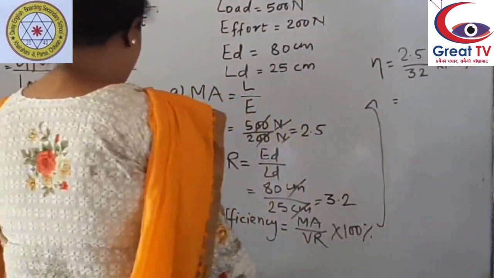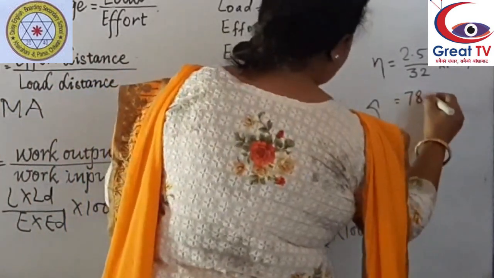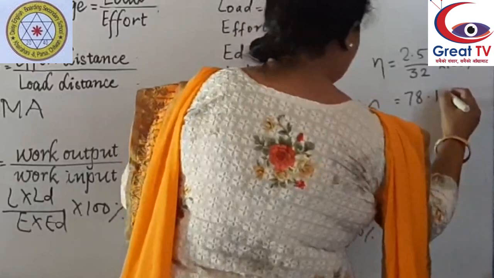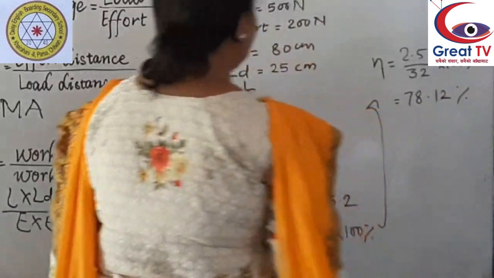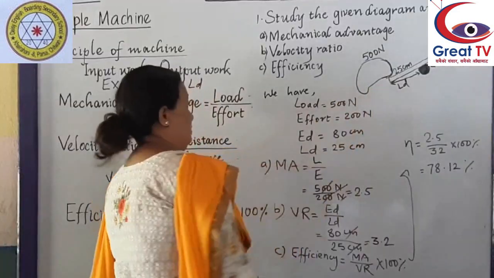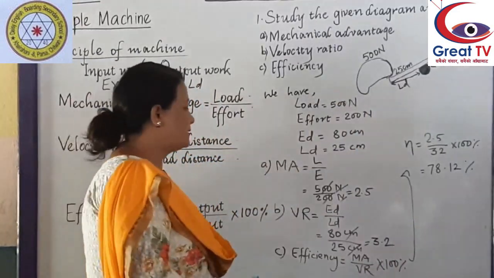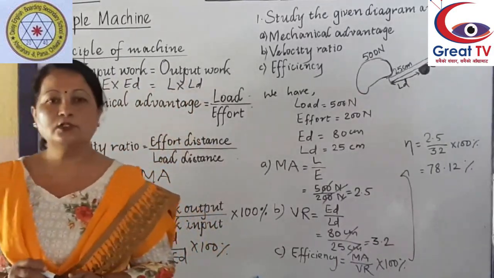By the calculation, we have 78.12%. The efficiency of the crowbar is 78.12%. This much for today.